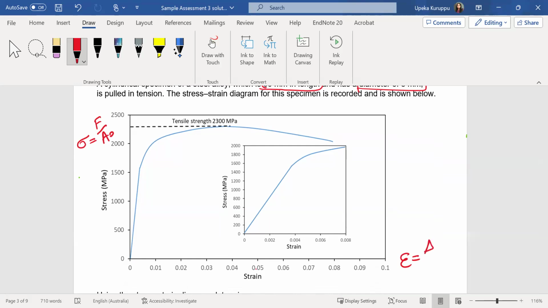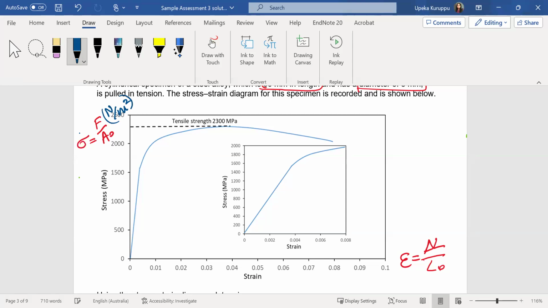Change in the length divided by the original length. So what are the units for the strain? No units. Stress, what is the unit for stress? Yes, pascals or newtons divided by meter squared. So it can be pascals, megapascals, gigapascals, or whatever it is.